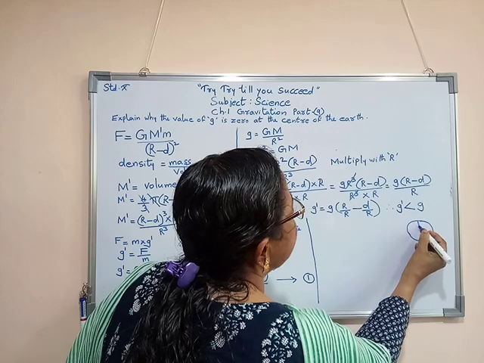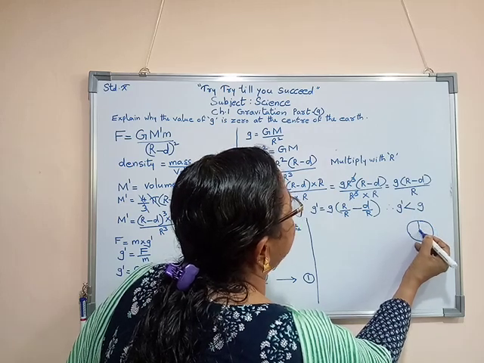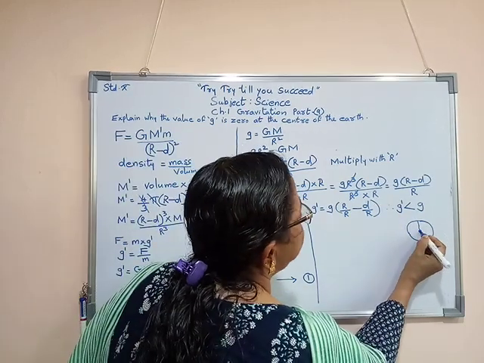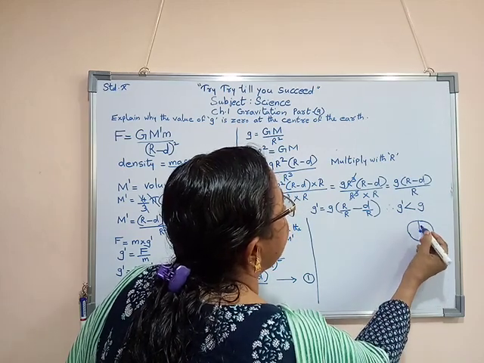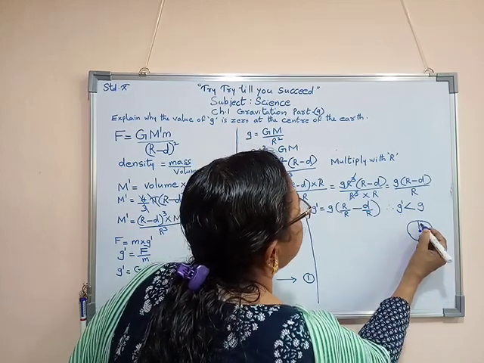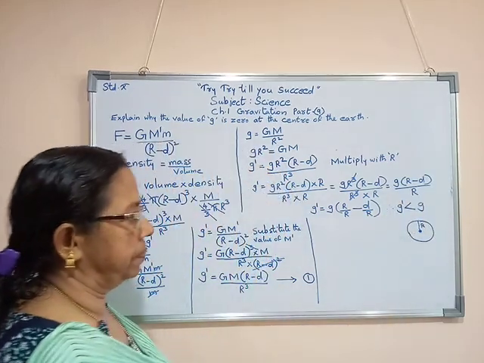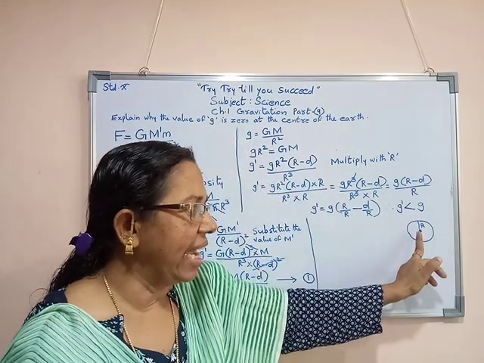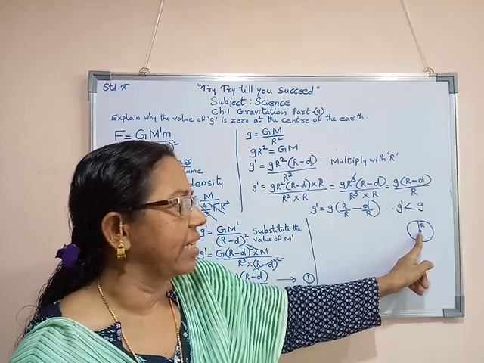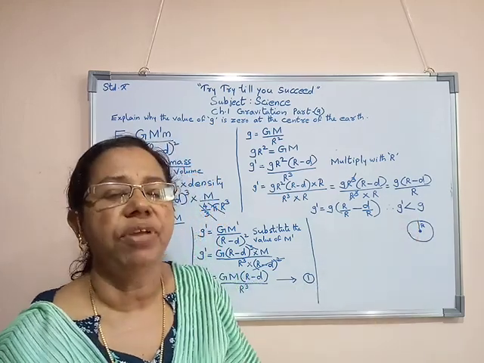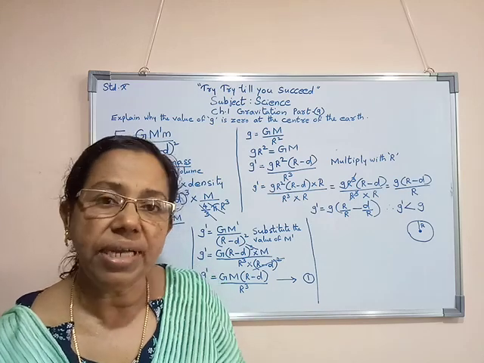If the object is lying at the center of the earth, then we can say that D will be equal to capital R. The distance of the object from the surface of the earth will be equal to the radius of the earth.